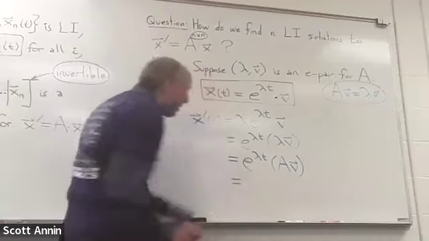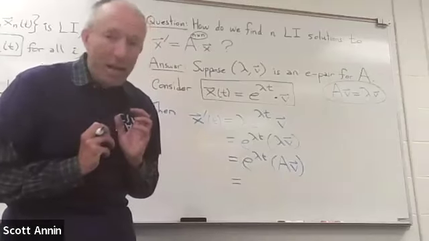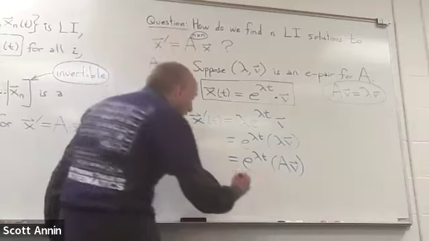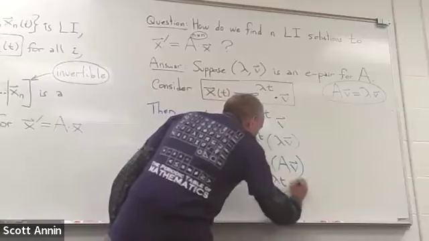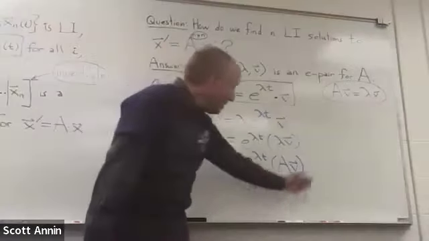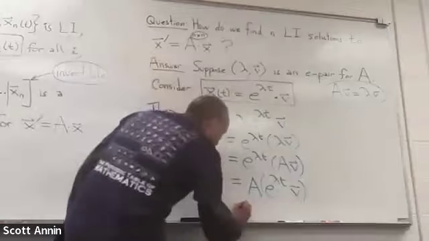And now, again, because e to the lambda t is just a scalar, it's not a matrix, it's literally just a number for every value of t, I can actually pull the matrix out in front and write this as A times e to the lambda t times v. But guys, what is that?